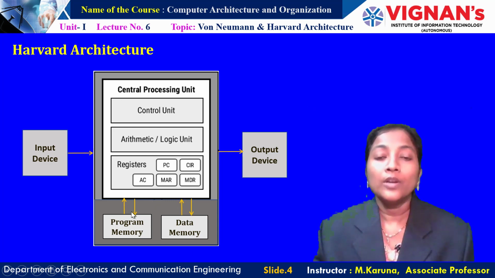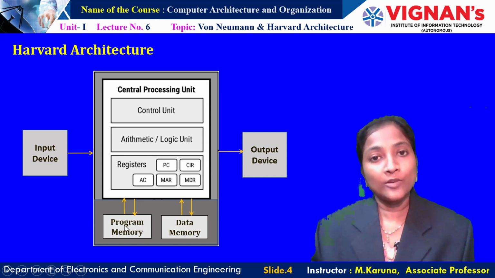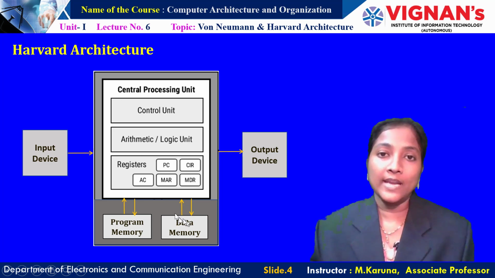That is why two buses are present. One bus is used to transfer the instructions from the memory to the processor, for performing the operation on the data according to the instruction, and another bus is required to transfer the data from the data memory to the processor. So the two buses can transfer instruction code as well as data simultaneously.